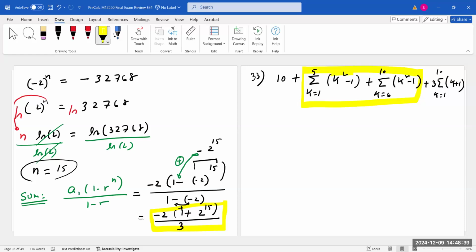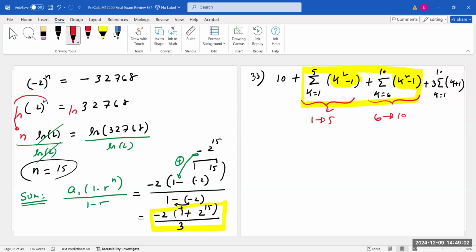The first thing I notice is that we have the same sequence. In the first sum, we are adding the numbers from 1 to 5, and for the same sequence, in the next term, we are adding the numbers from 6 to 10.